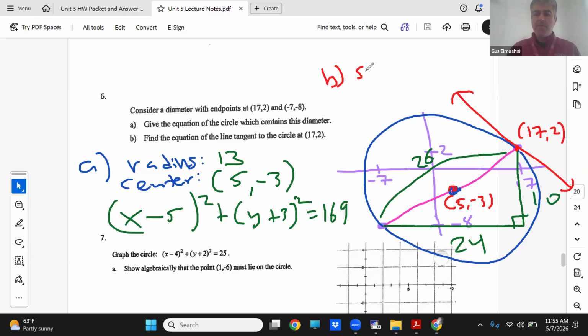What's the slope of the radius? So rise over run, guys. You guys gotta know this. So going back to Algebra 1. How far do you rise and how far do you run? So you go from -3 to 2, and you run from 5 to 17. Go ahead.